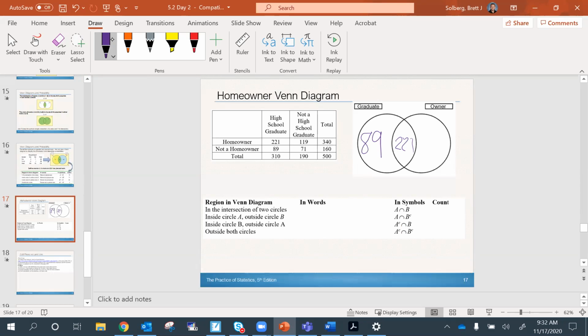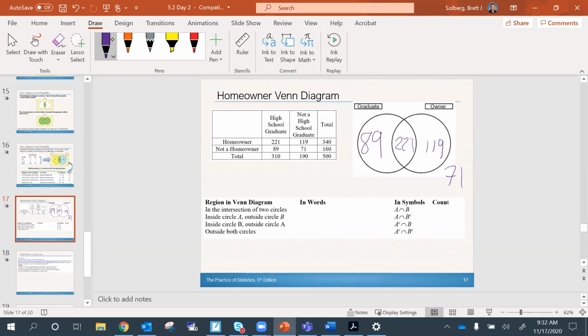Right there. Is that what you're saying? Yep. Great. Keep going. And then just the owner side would be 119. And then outside would be 71. Nice job, Casey Nash. That would be an accurate representation.